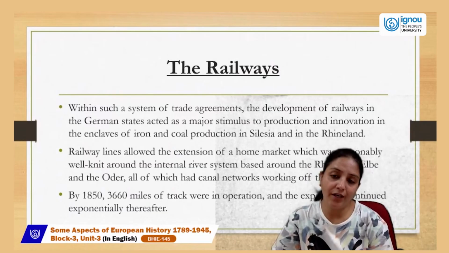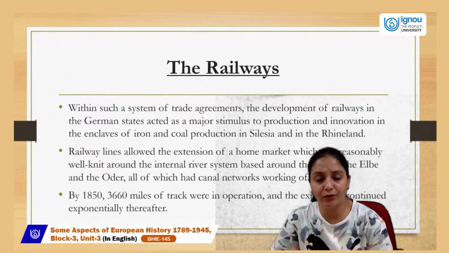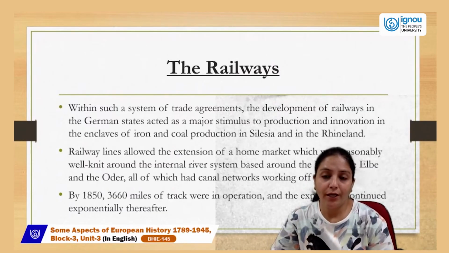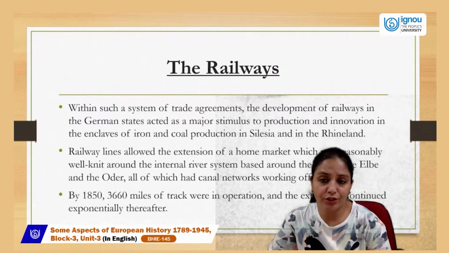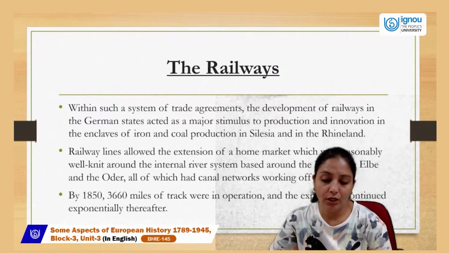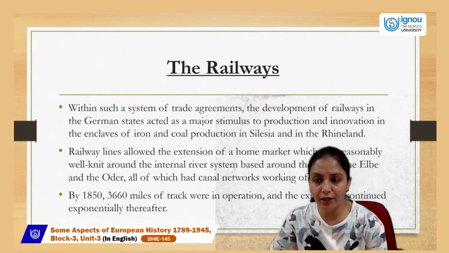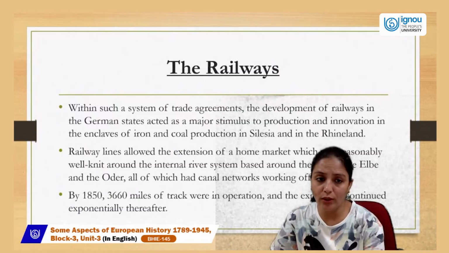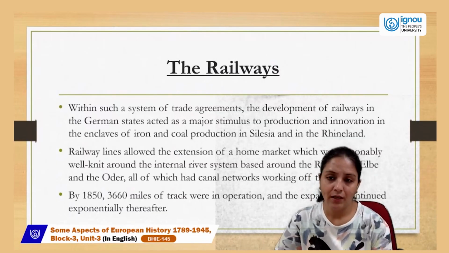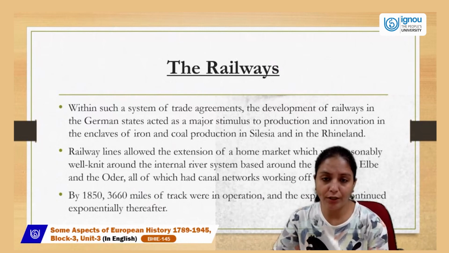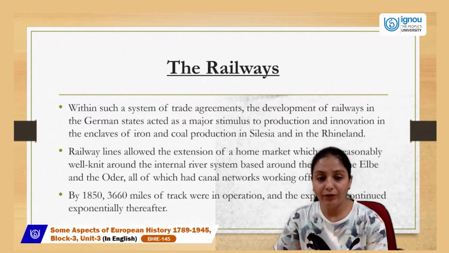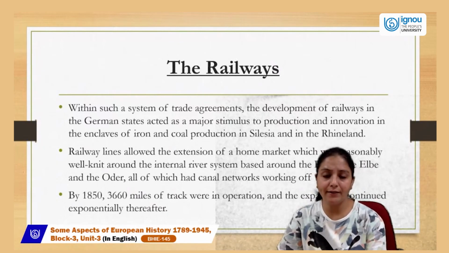They played a very important role in the development of railways, because if we are talking about the development of railways, the production of coal and iron was playing an important role. And we are talking about which areas?